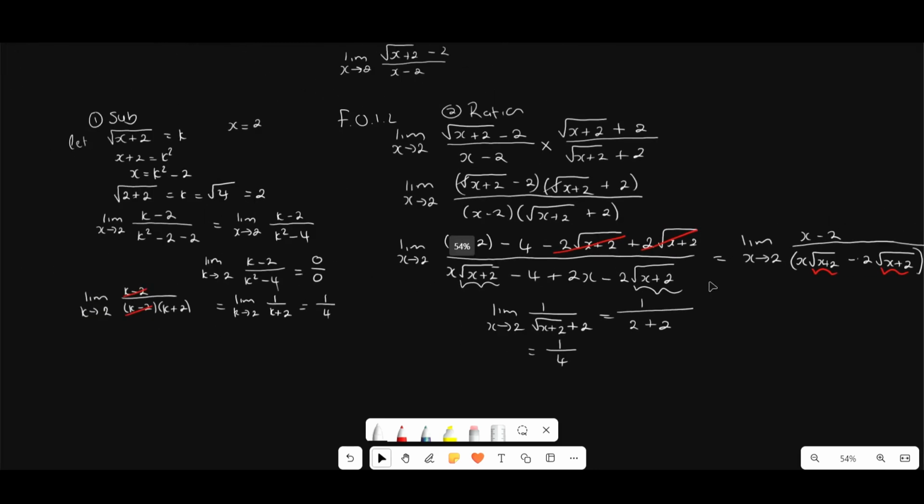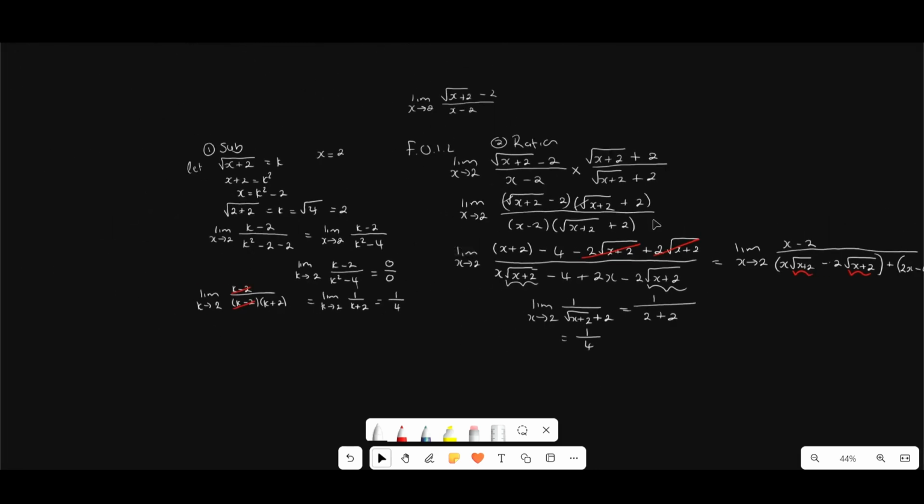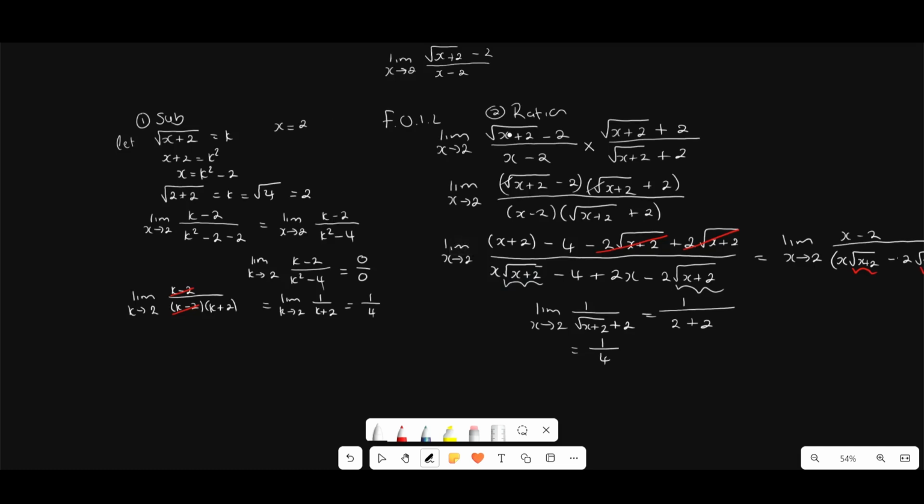But yeah, the rationalizing was a bit too complicated. So what I would advise is to make this simple. Whenever you have a square root and what's inside, the x doesn't have any power, let's say it is x raised to the power 1, because if it was x raised to the power 2, then we'll be talking about something else.